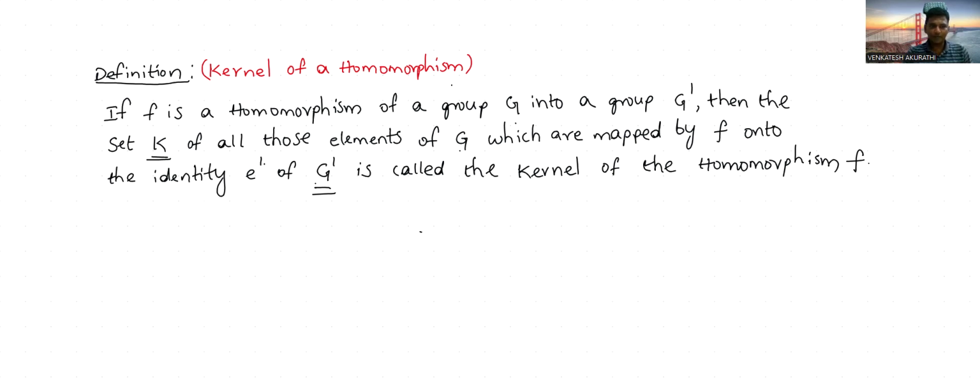Here F maps G to G dash, a homomorphism.